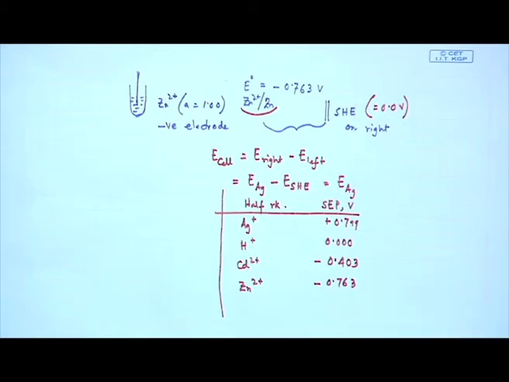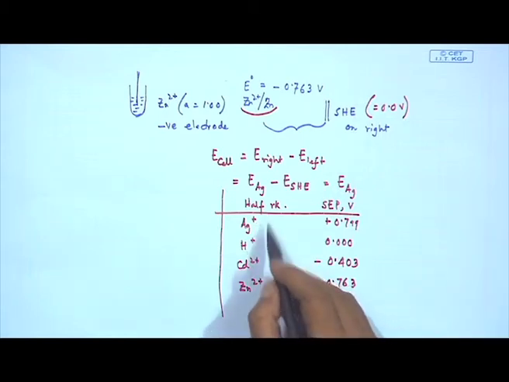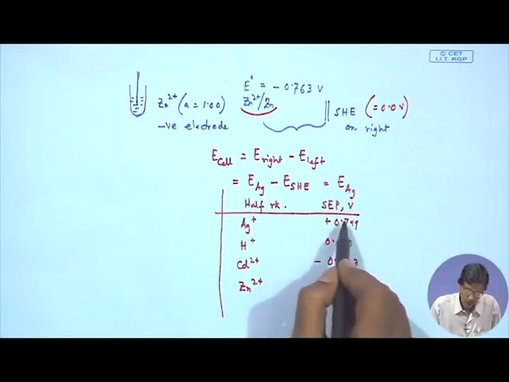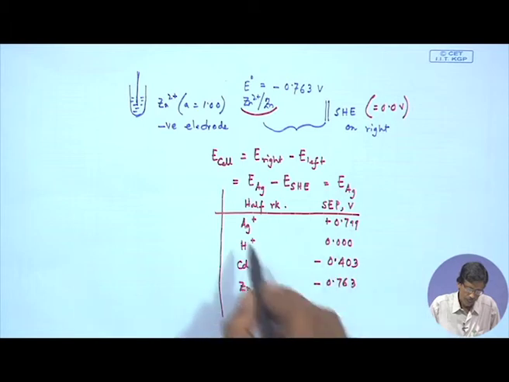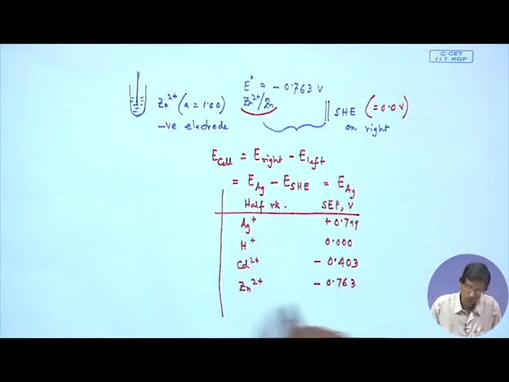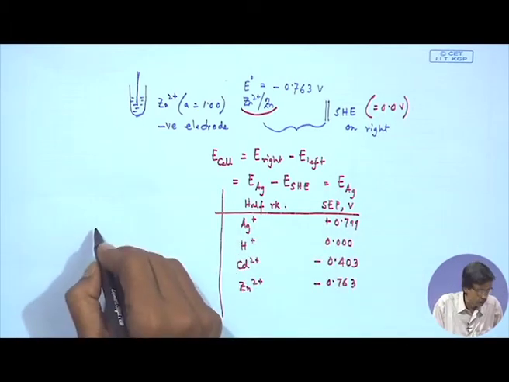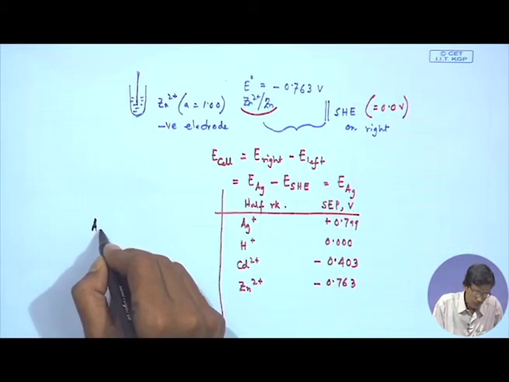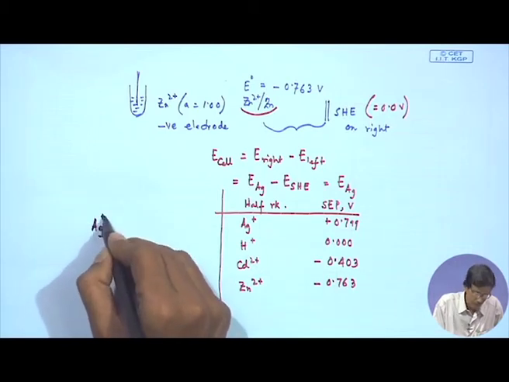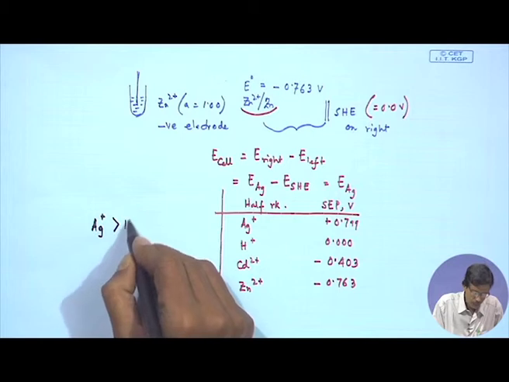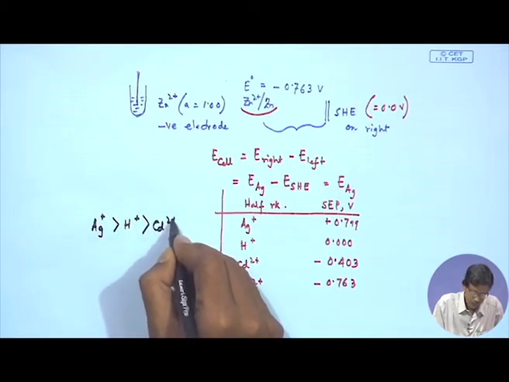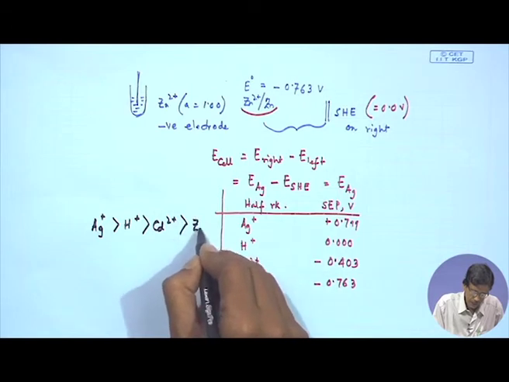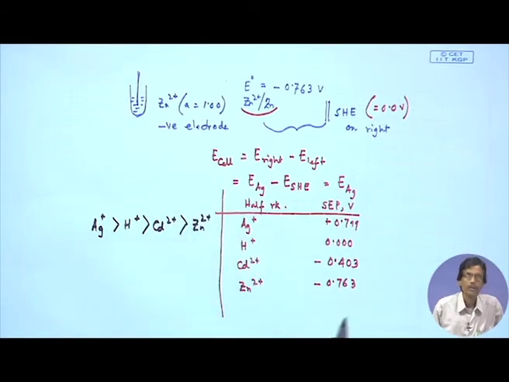What we have found out earlier is the ordering. So, you have the 0.799 volt potential, and this also tells us the same ordering that we found earlier: the silver ion is greater than the proton, is greater than cadmium 2 plus, is greater than zinc 2 plus.